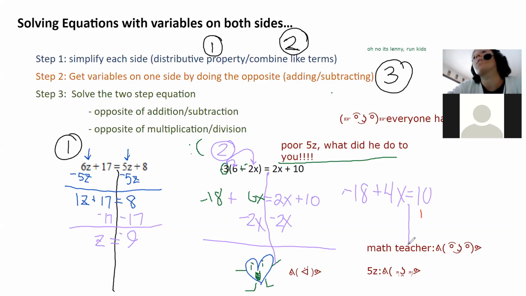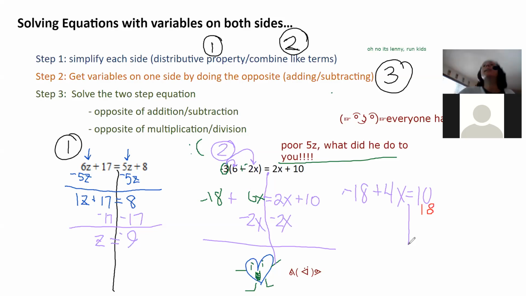Which one goes away first? Not the 4. The 4 has the x, so they always go last because the x has to stay there. And the 10 is the answer. Yeah, so we would get rid of that 18. Good. Yep, and we would want to add 18 because we're already subtracting 18 there.